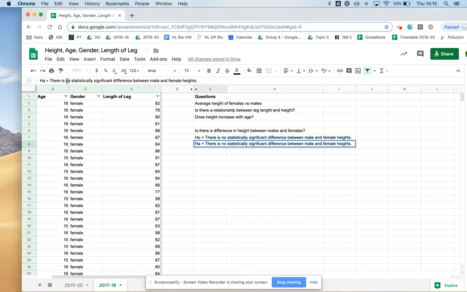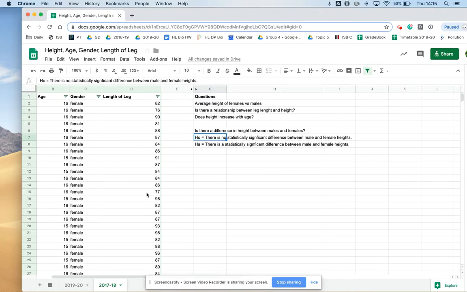So we're going to say there is a statistically significant difference between the male and female heights. Okay? So this is kind of what we want to find out. This is our null hypothesis. This is the alternative hypothesis. Remember, what we're trying to disprove is the null hypothesis. We can't ever prove the alternative, but we can disprove the null hypothesis.